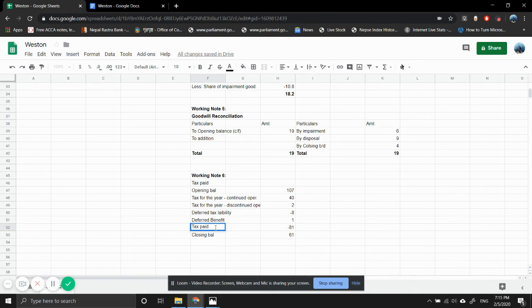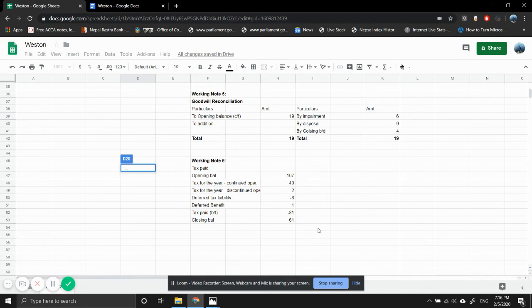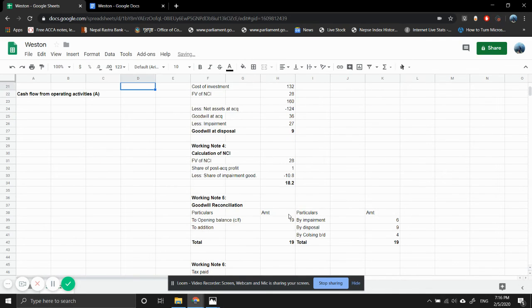So this is our balancing figure, BF, balancing figure. So working note 6, minus 81. Or we can just link the cell. Minus 81. Okay, so that is done.